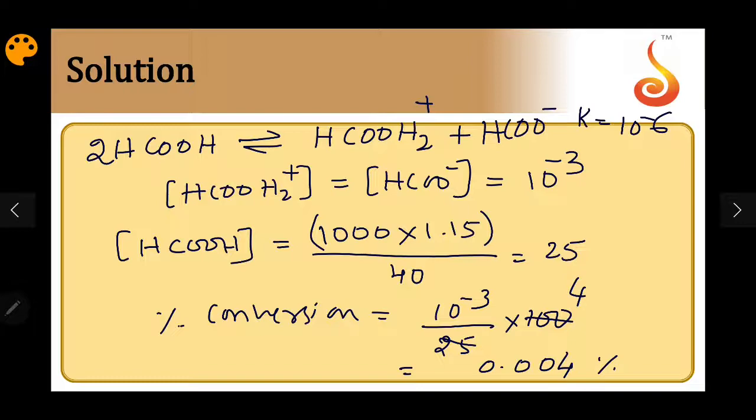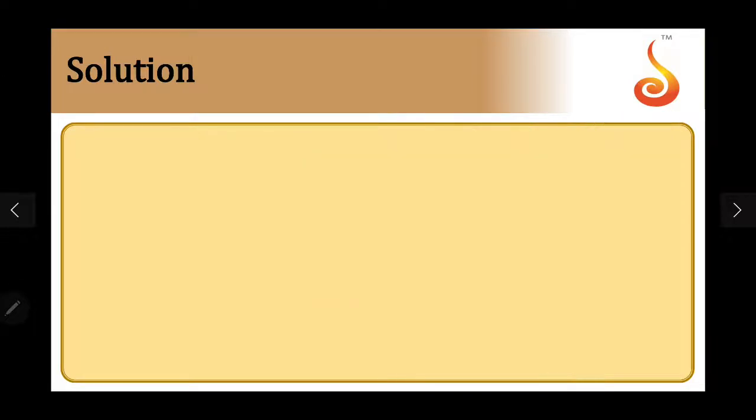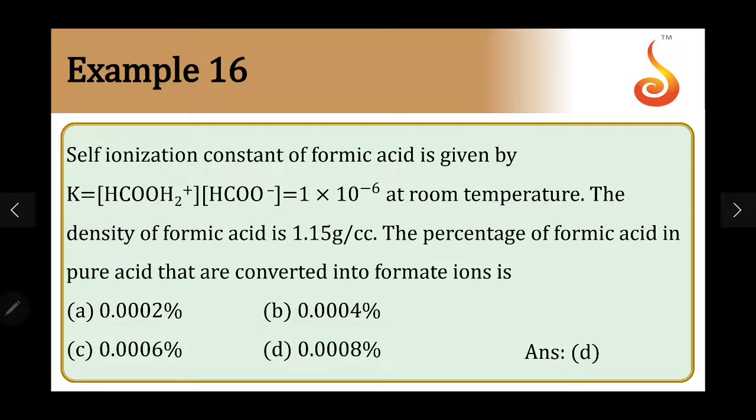So that is the conversion of formic acid into formate ions in pure formic acid. So the answer should be D. Sorry, should be B, not D. It should be B, 0.004%. So it was wrong, it is B.